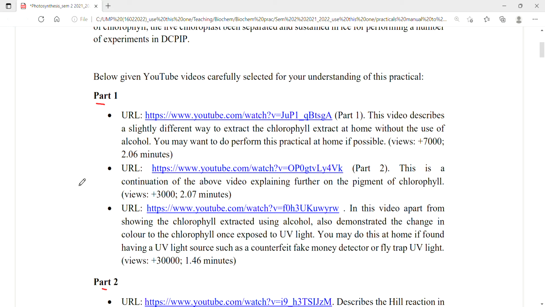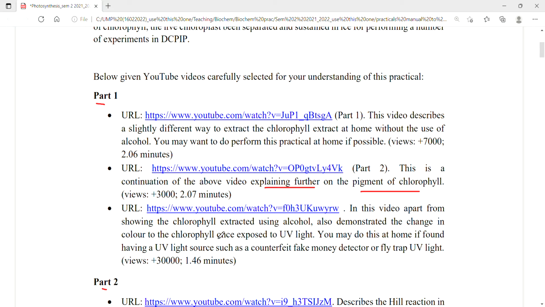And then you have part 2, a continuation of the first part, explaining further on the pigment of chlorophyll. The third video is more on chlorophyll extract, and it also demonstrates the change in color of chlorophyll once it's exposed to UV light.